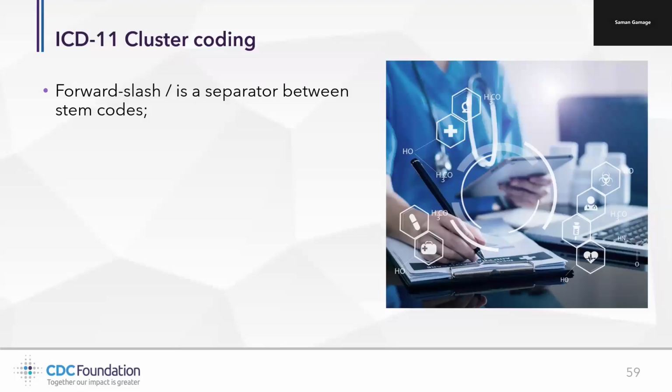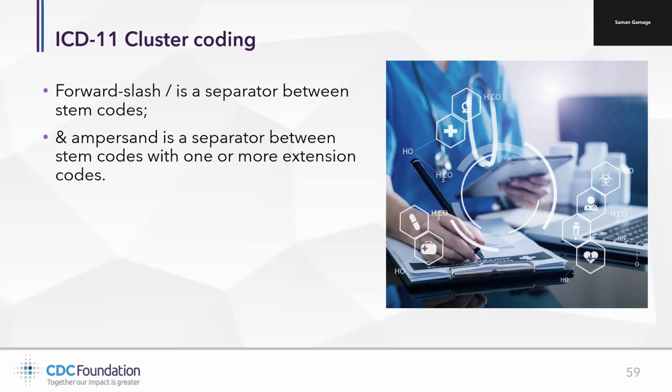So ICD-11 facilitates cluster coding to explain a clinical concept in a desired level of detail. / is a separator between stem codes. Ampersand is a separator between stem codes with one or more extension codes.